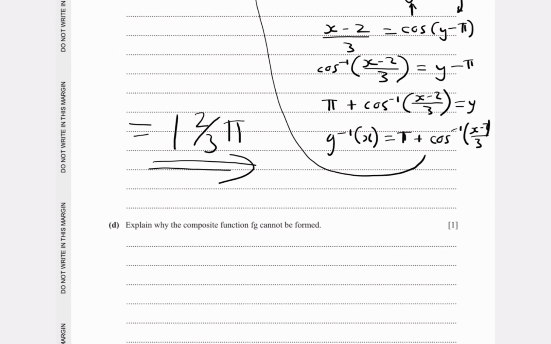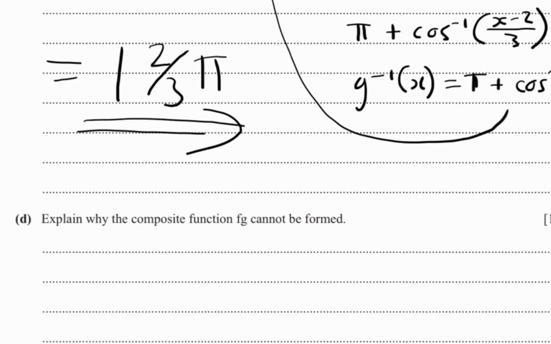And for D, says explain why the composite function fg cannot be formed, right? So for fg to form, the range of the inner function should be within or equal to the domain of the outer function, right? So looking at this, the inner function is g and the outer function is f.